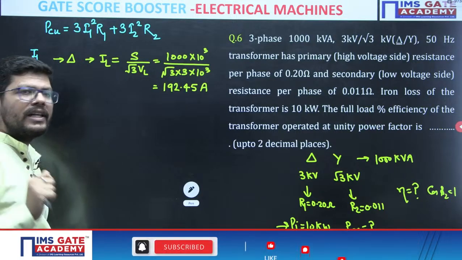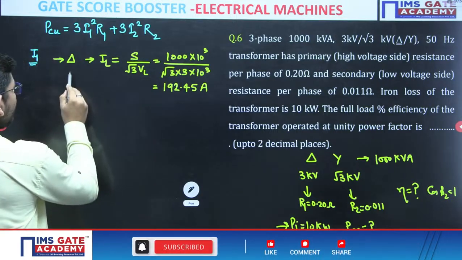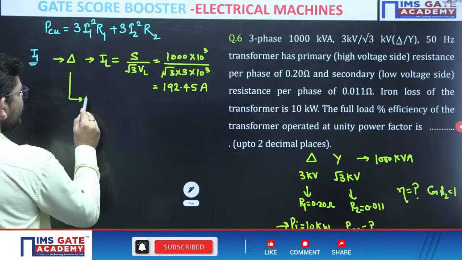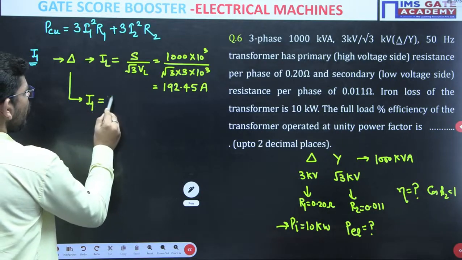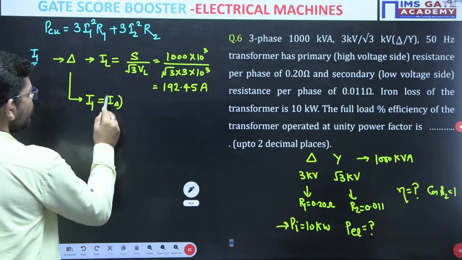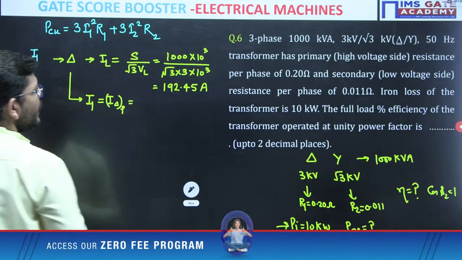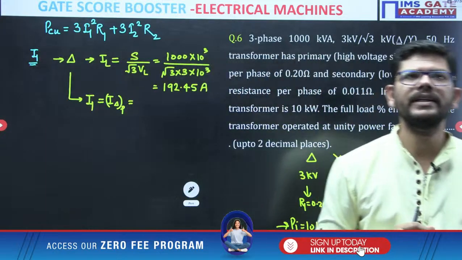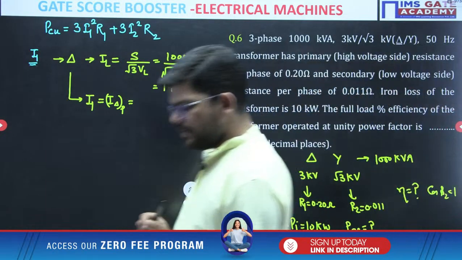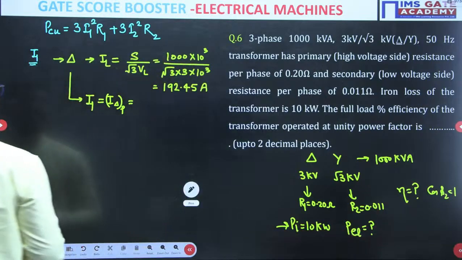And what we have calculated? We have calculated line current. In the delta side, line current and the phase current are two different values. So primary current, or the delta side phase current, will be different from the line current. So what will be the delta side phase current? Line current divided by root 3, right?